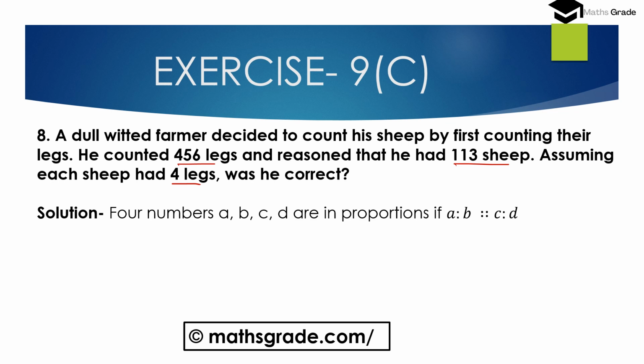The dull-witted farmer decided to count his sheep by first counting their legs. He counted 456 legs and reasoned that he had 113 sheep, assuming each sheep had 4 legs.